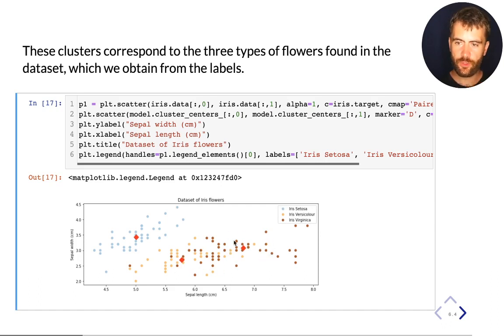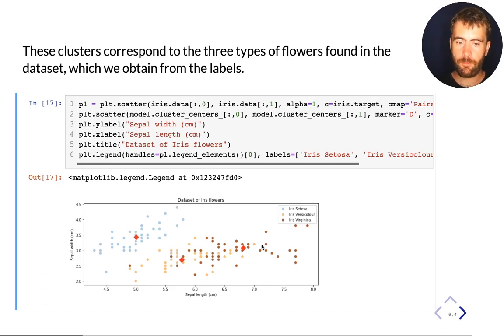Even though they look very similar to each other, without knowing the label, it is hard to say that there are actually 2 distinct types of flowers, and that one of them tends to be here more on the left and the other one tends to be more on the right. We don't see this at all without the labels.